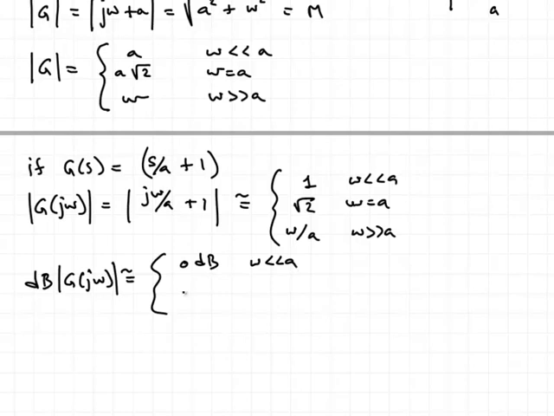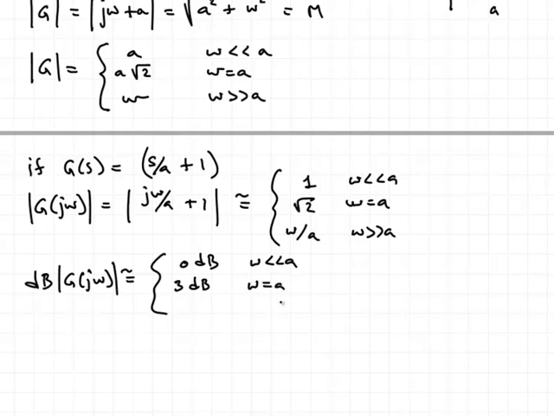It's going to be, I didn't mention this in the last video, but 20 log square root of 2 is approximately 3 decibels. Okay, this is when omega is equal to a.